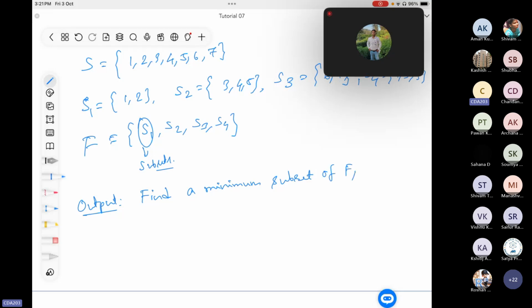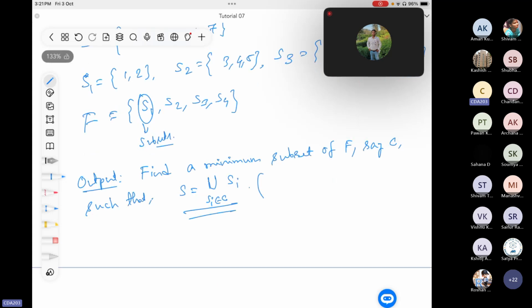of F, say C, such that every element of S is in at least one of the sets in C. So what does it mean? I am going to clarify it.